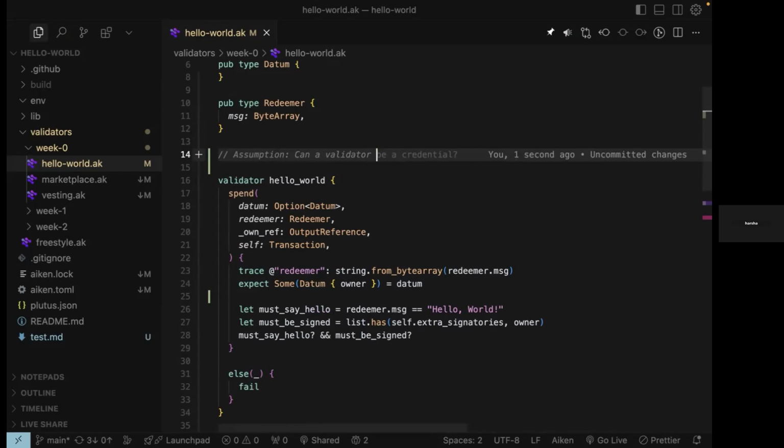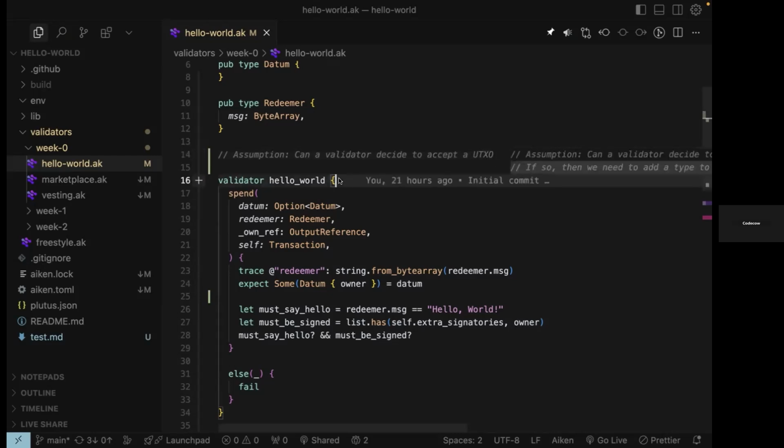Can a validator decide to accept a UTXO? I think that's better, because I'm thinking about script and logic. In that logic, it would be selectively prevent, but it's the same thing.